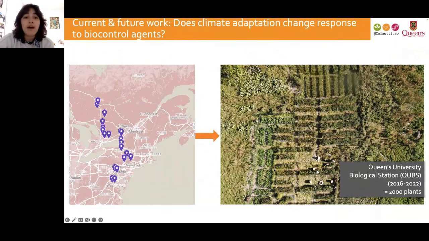So we have sample populations, like seed families from all of these latitudes, and we grow them in this common garden experiment, all in the same environment, and we experimentally manipulate the herbivory that these plants will experience. So half of them are sprayed with insecticide, and the other half are subject to insect herbivory.